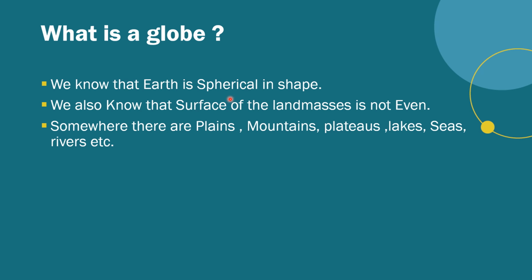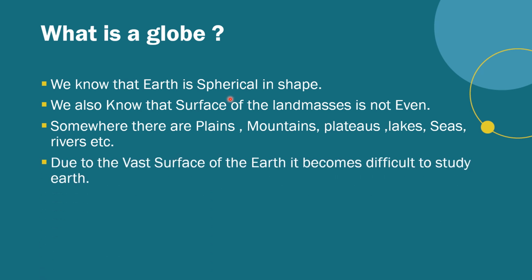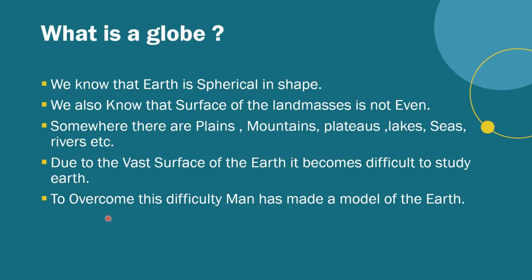Somewhere there are plains, mountains, plateaus, lakes, seas, rivers, etc. Due to the vast surface of the earth, it becomes difficult to study earth. To overcome this difficulty, man has made a model of the earth. And this model of the earth is called a globe.